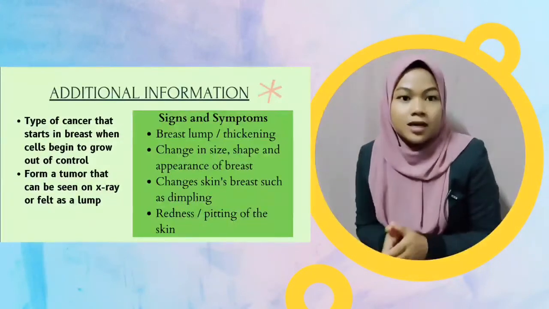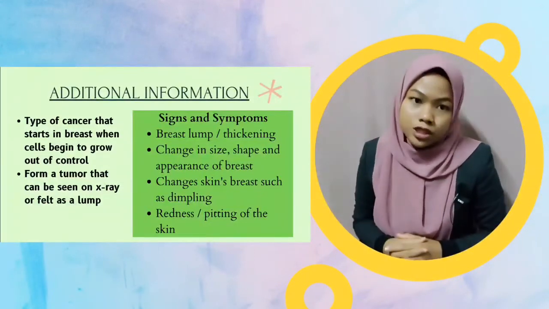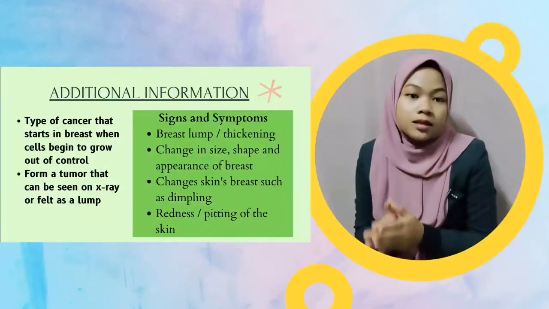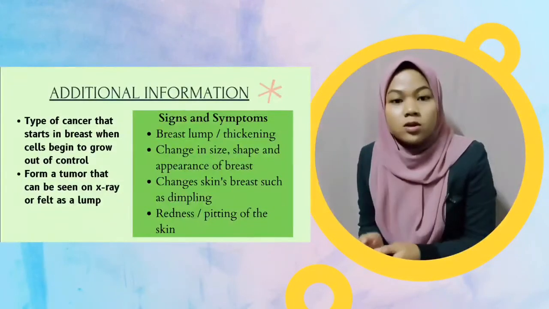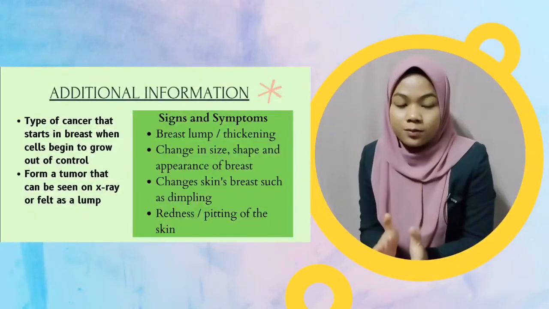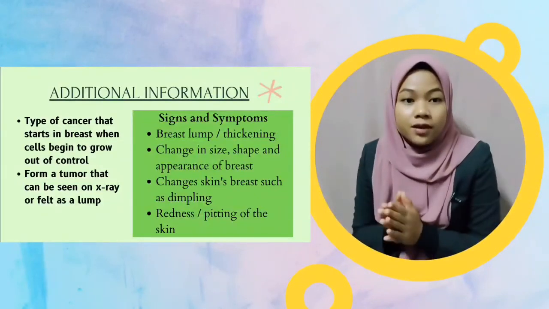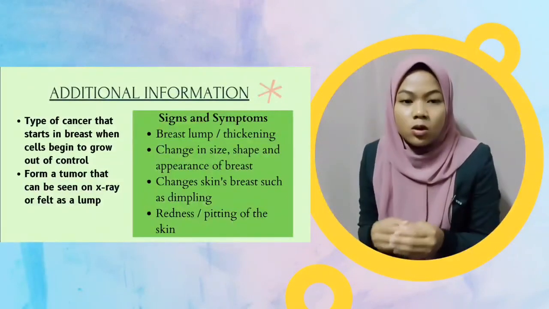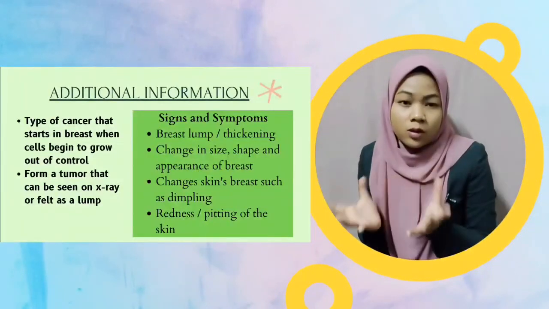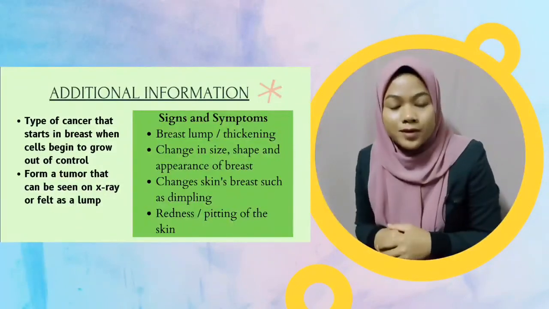For example, a breast lump or thickening that feels different from the surrounding tissue. Other than that, a change in size or appearance of the breast, as well as changes of the skin over the breast, such as dimpling. After that, redness or pitting of the skin over the breast, like the skin of an orange, also refers to signs and symptoms of breast cancer.